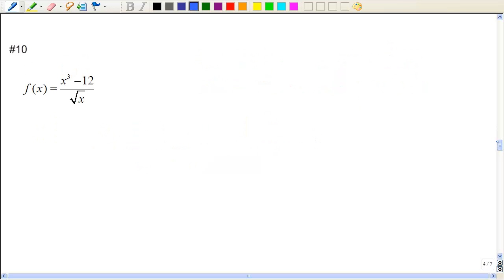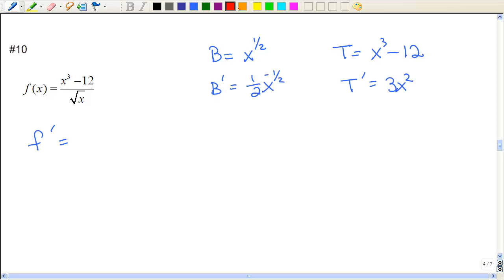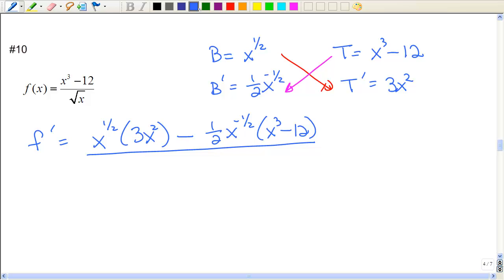So now we have that square root again. That bottom is the square root of x, which I'm going to write as x to the half power. The top function is x cubed minus 12. So bottom times the derivative of the top, minus the other way. Then don't forget the bottom squared. The bottom, remember, is the square root of x, squared.